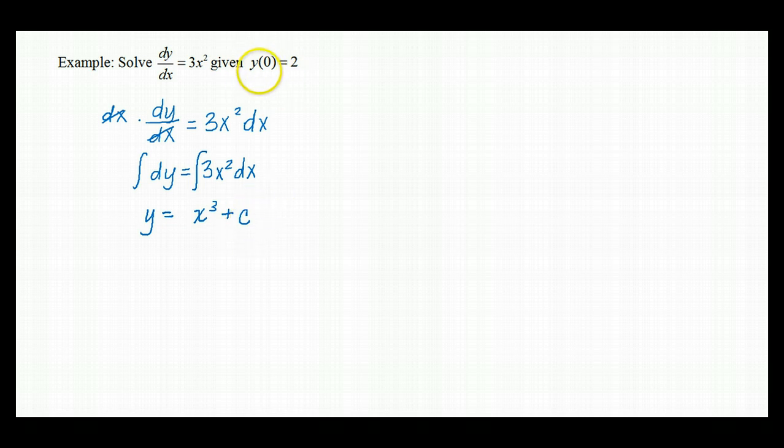So here, y of 0 equals 2 means that I'm going to let x be 0, and that must mean that the output value of y has to be 2. So I'm going to solve that on the side as its own separate problem. So when I plug in 0 for this x, I'm going to get 0 cubed plus c equals the output value 2. So 2 is my value of c.